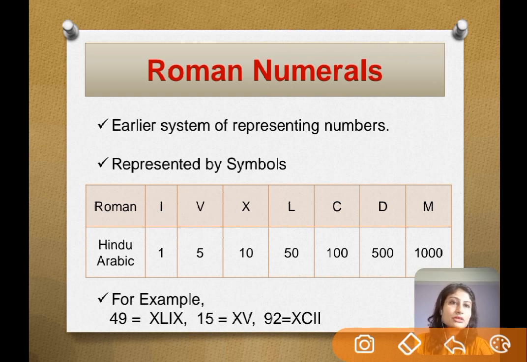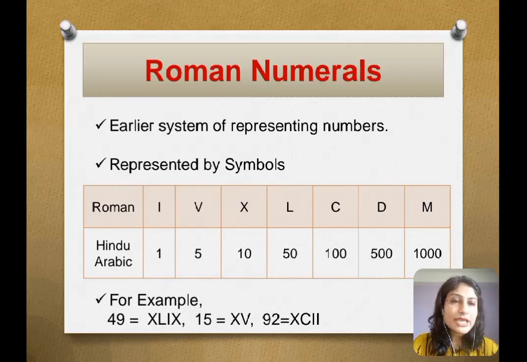So I is used to represent 1, V is used to represent 5, X is used to represent 10, L is used to represent 50, C is used to represent 100, D is used to represent 500, and M is used to represent 1000.